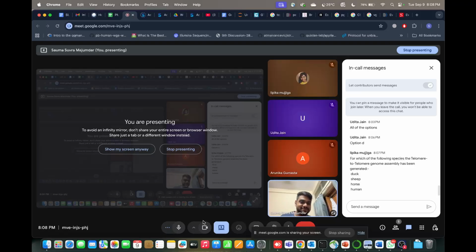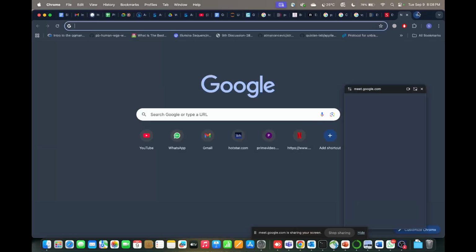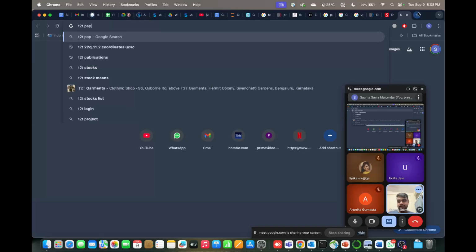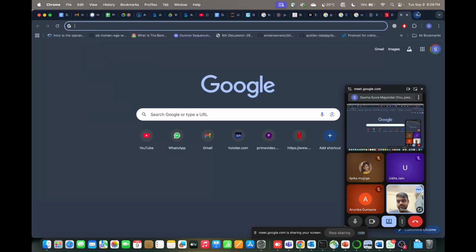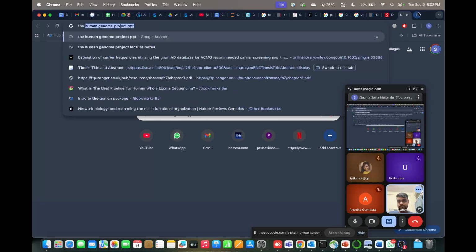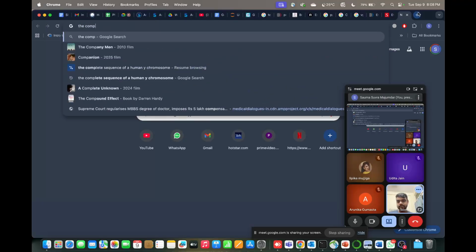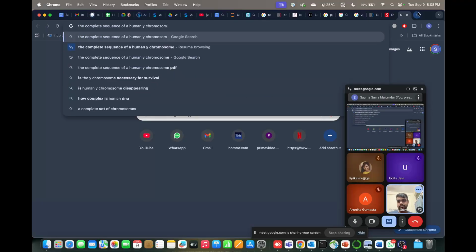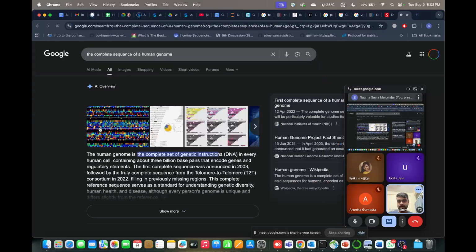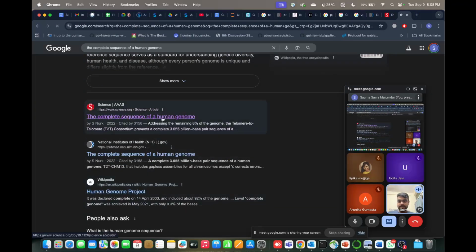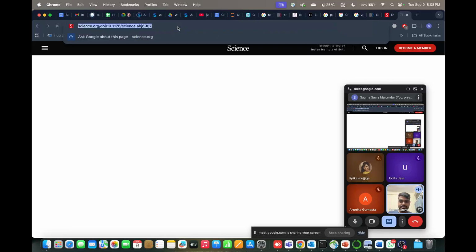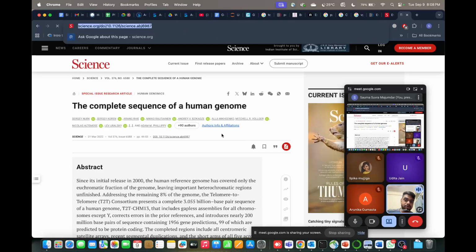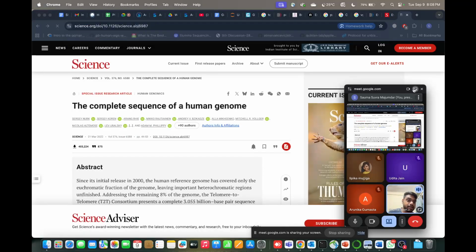Human. So this is the T2T. This is the paper. This is the complete sequence of the human genome. This came out in 2022 from the T2T consortium.